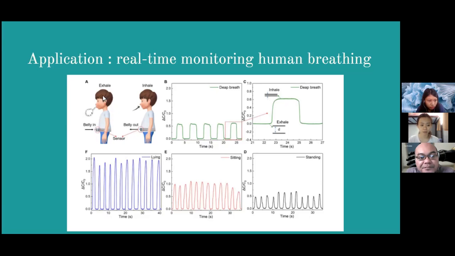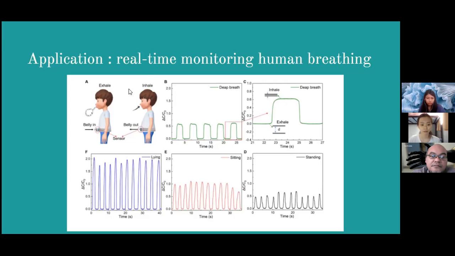When the individual exhales, the abdominal muscles contract, and the distance between the two conductive materials in the sensor is in the normal place, which is there is some distance between them.